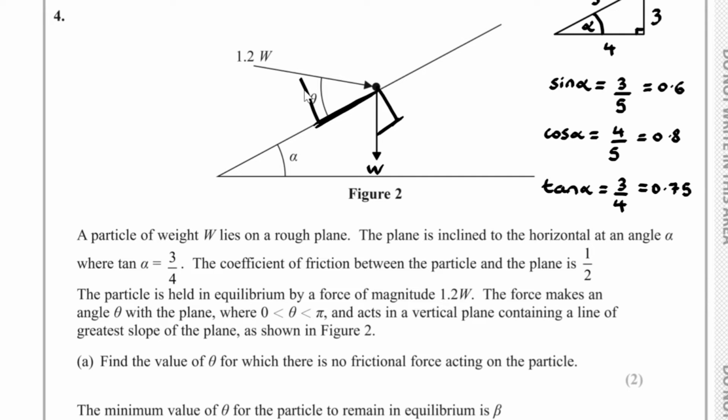And the reason for that is we can think of it as going forward like that. So we want this component here, which is equal to this component here when in equilibrium.